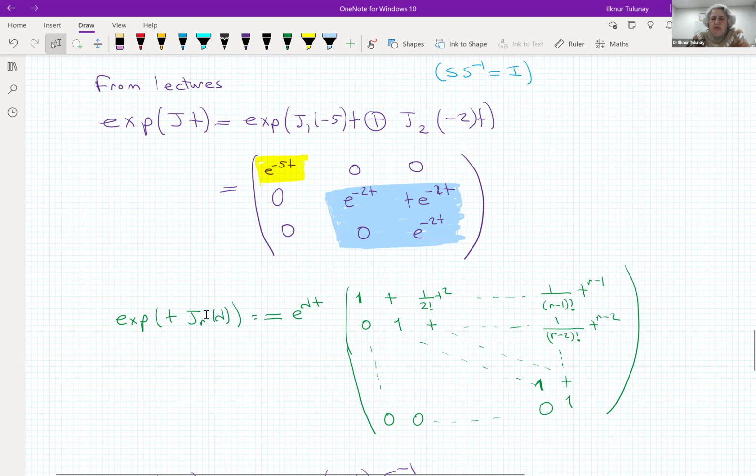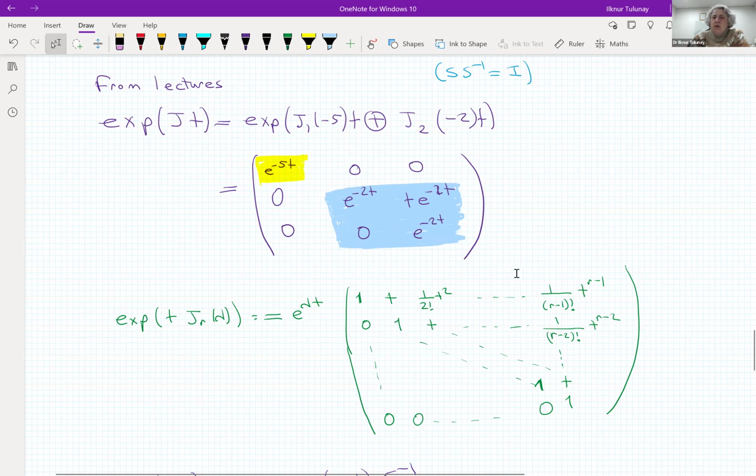This is the formula for one Jordan block. And we know that the Jordan blocks are linked to direct sums, block by block. The Jordan matrix form of the matrix basically consists of the Jordan blocks of the matrix.